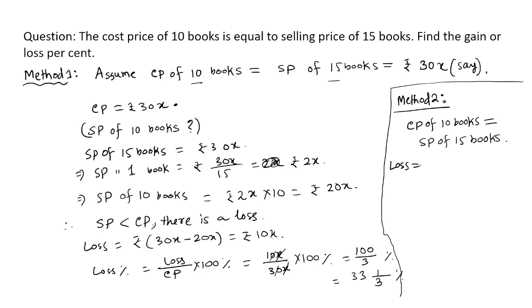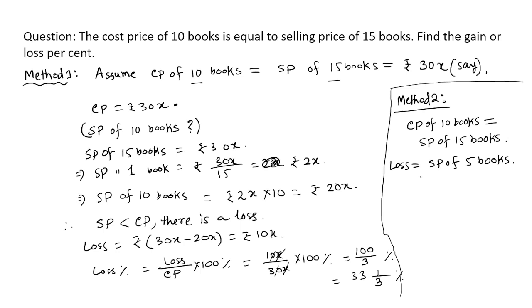So the loss equals the SP of 5 books. After selling 10 books he has not recovered all the cost price, and if he sells 5 more books then he can recover all the cost price. That is how we can get the loss.